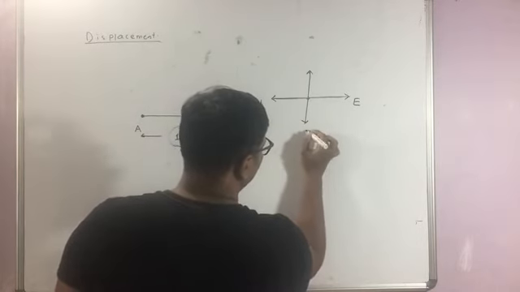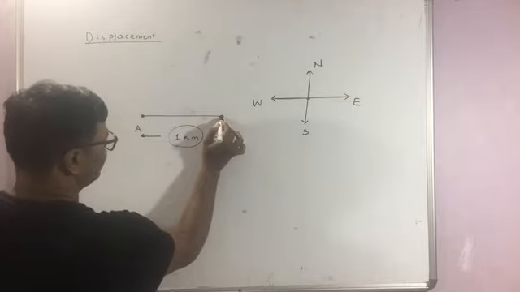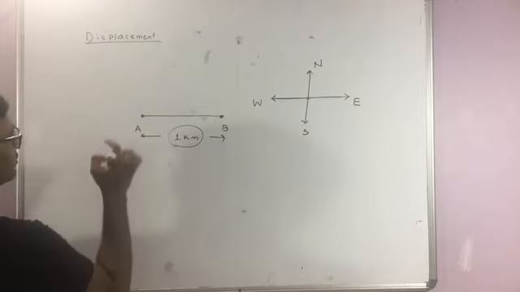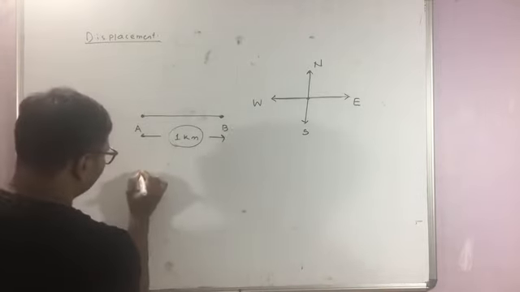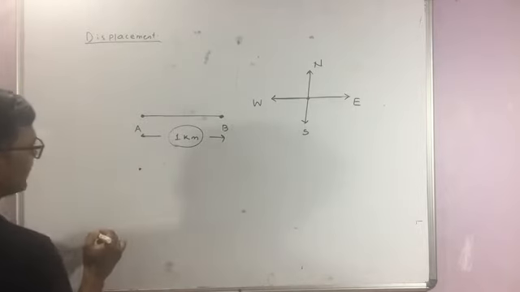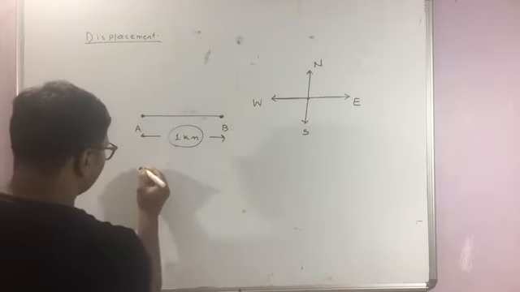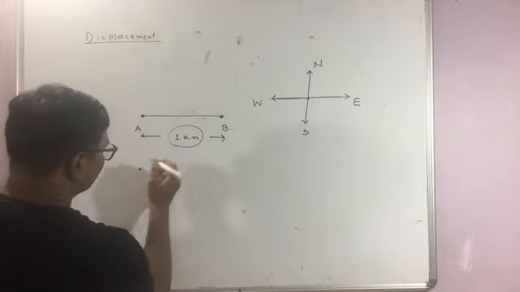Suppose you are at point A and you want to move to point B. To reach point B, you need to move 1 kilometer along the direction of east.